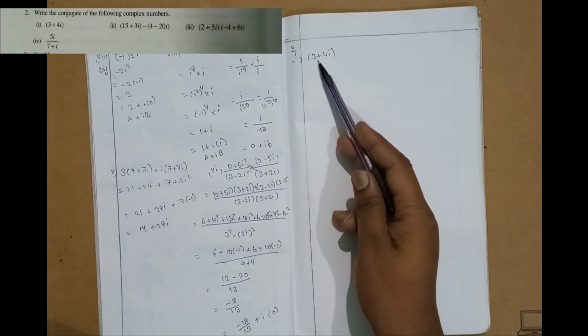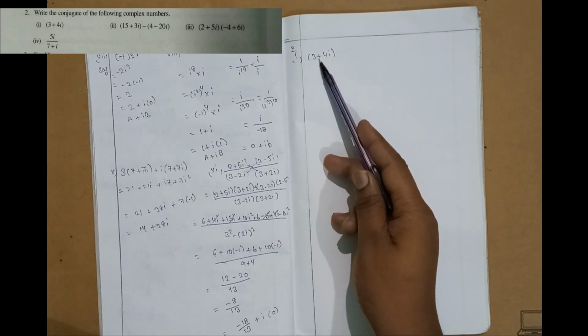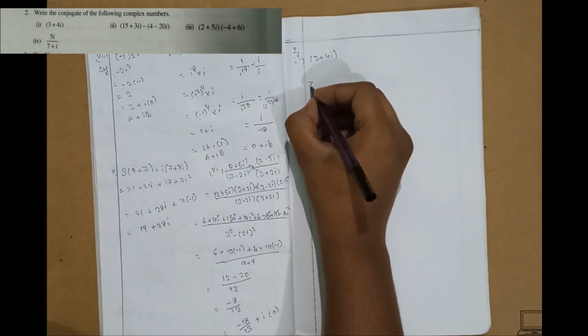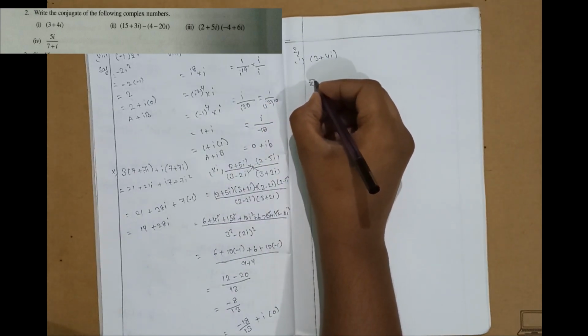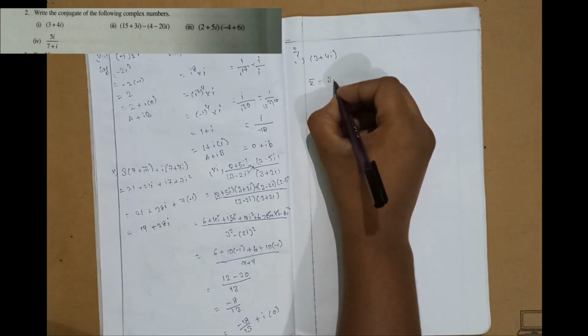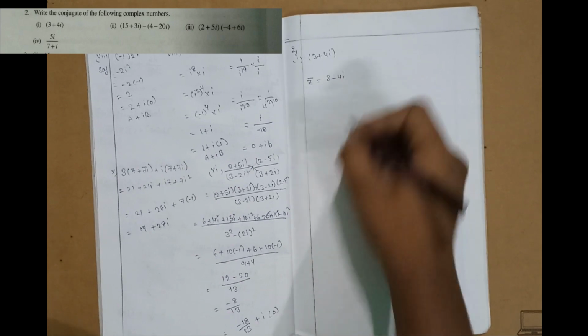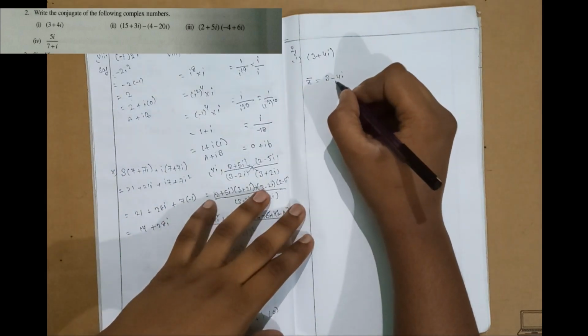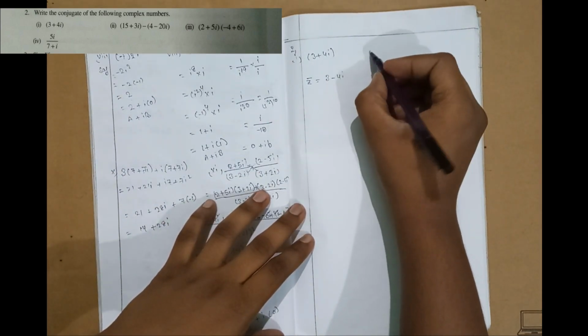It is having the symbol plus. We will denote the conjugate by z bar. Conjugate of a complex number is z bar. The z bar of this complex number is, we will simply change the sign, that's it. We will simply change the signs of the complex number.